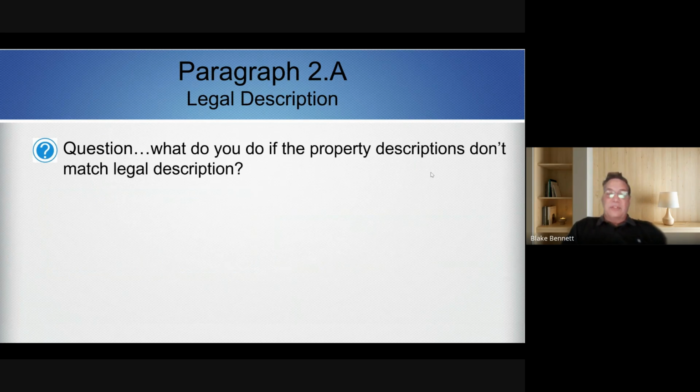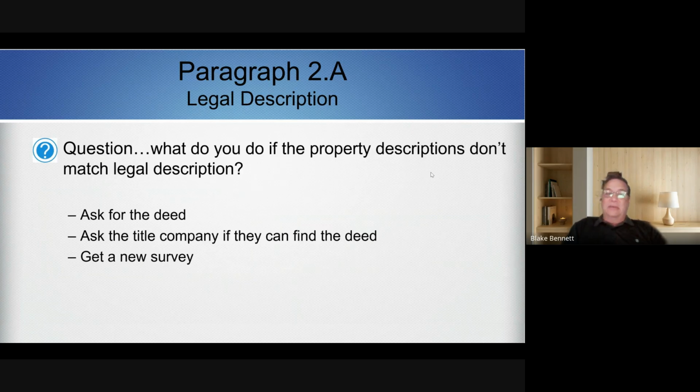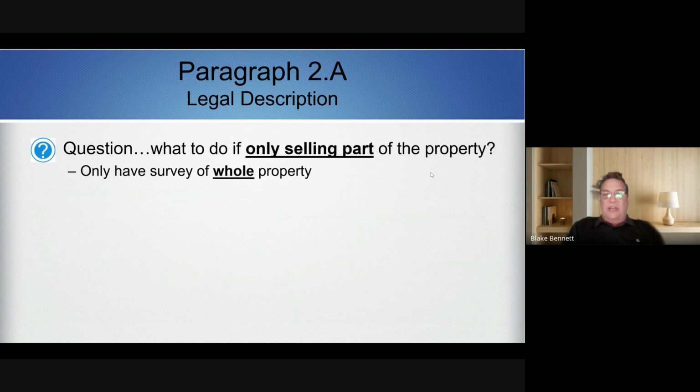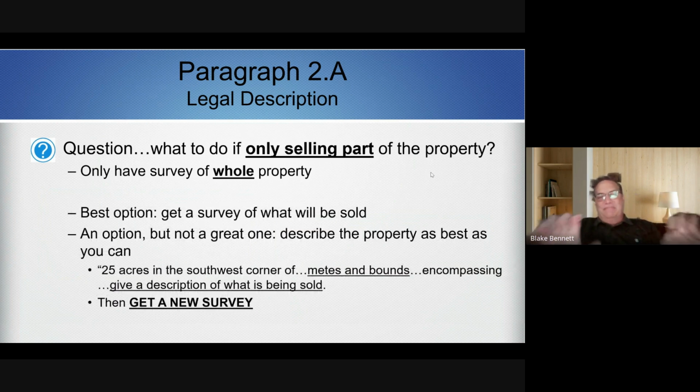What if the descriptions don't meet the legal? Well, you can ask for the deed, ask the title company for a deed, or get a new survey. There's also times where we might only be selling part of a property. So you've got the survey for the whole thing, but you're only selling maybe a corner of it. Well, the best option is to get a new survey.